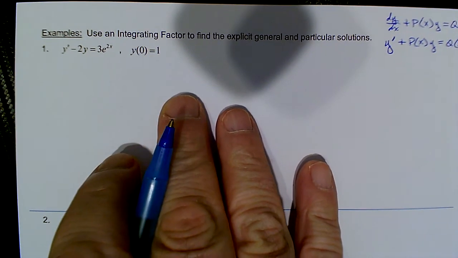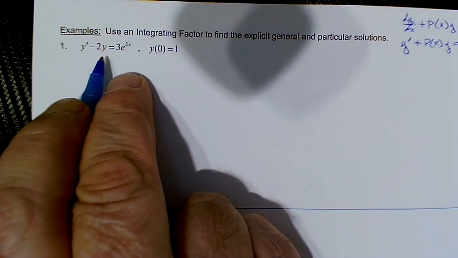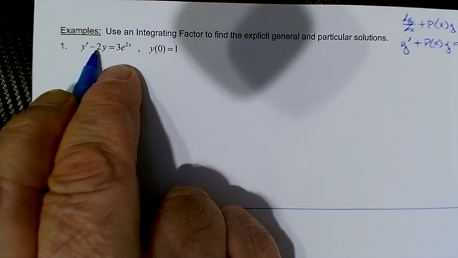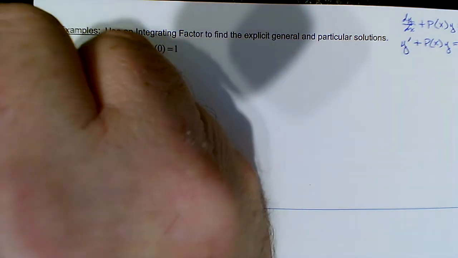So note that in this example it is in standard form, and that p of x is the coefficient of y, in this case just the constant, -2.